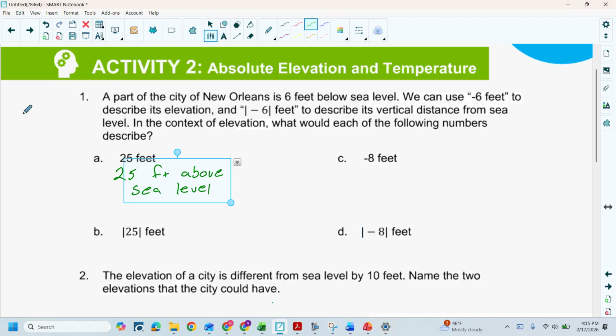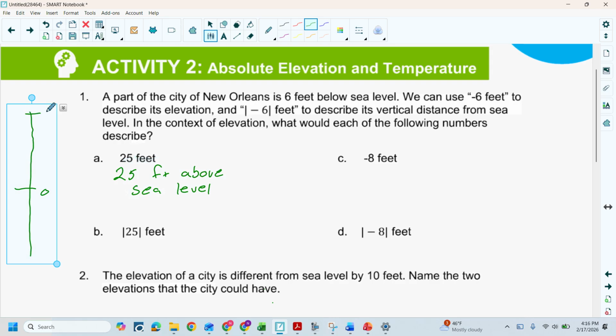Alright. So, if this is sea level, that's 0. Well, 25 is here. Because it's positive, it's above sea level. And so we went up to get there.